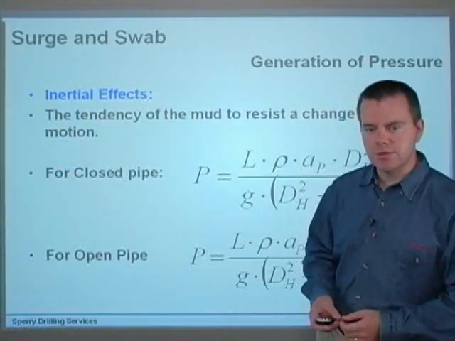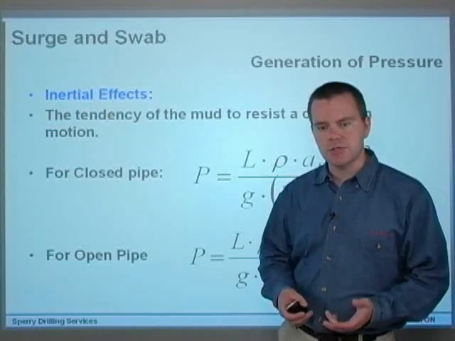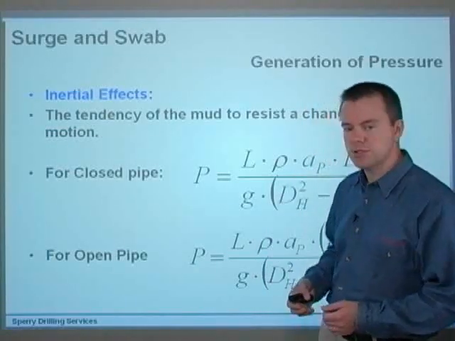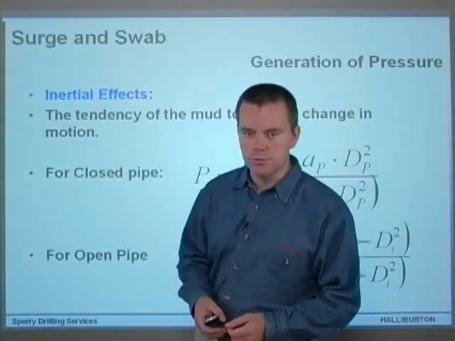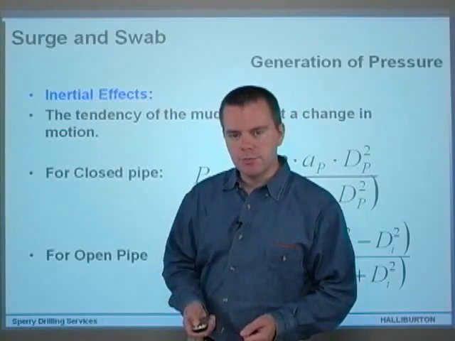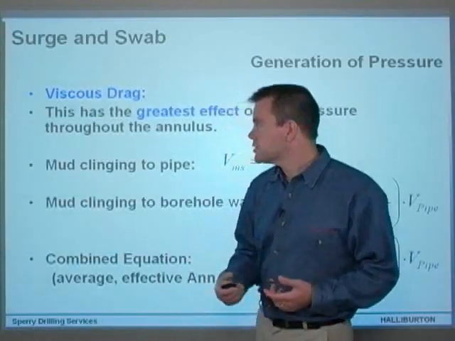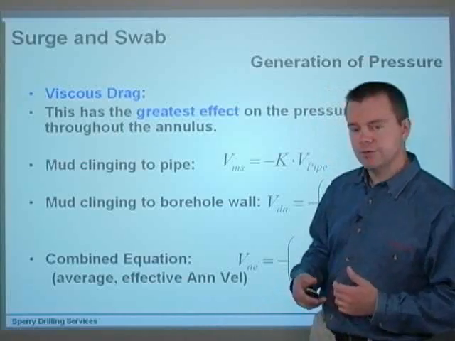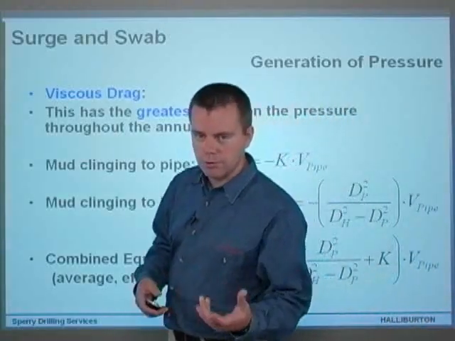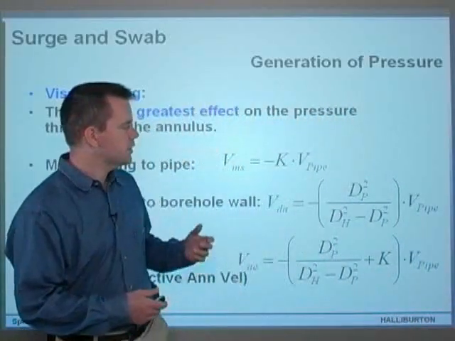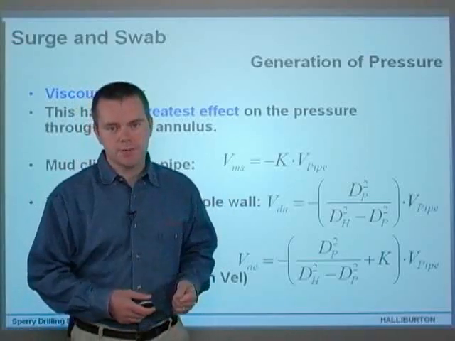The inertial effects are rarely taken into account in Surge and Swab equations or calculations or any of the software that we use. And by far and away, the greatest effect on pressure throughout the annulus during surge, when we're looking at Surge and Swab, is actually what's called viscous drag.